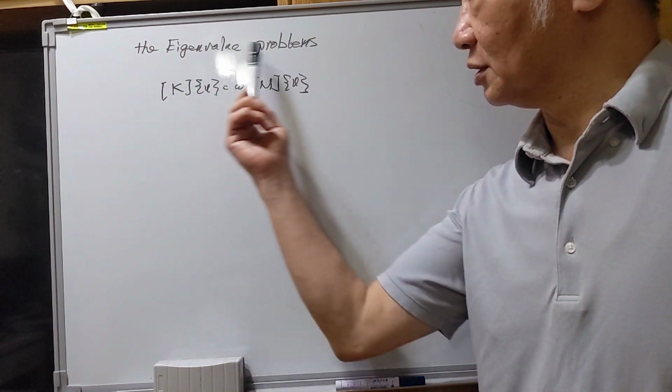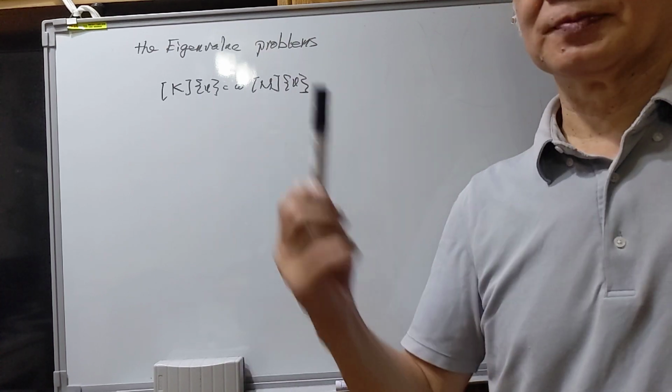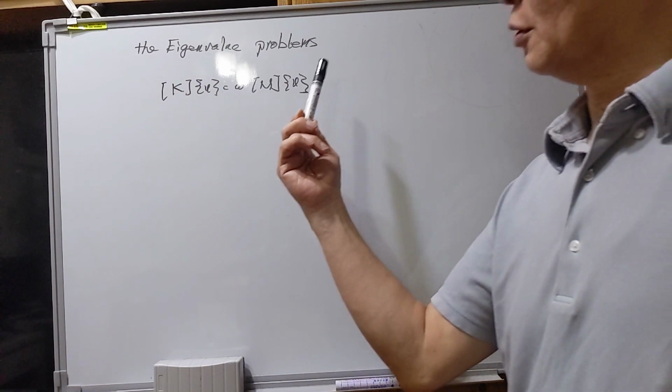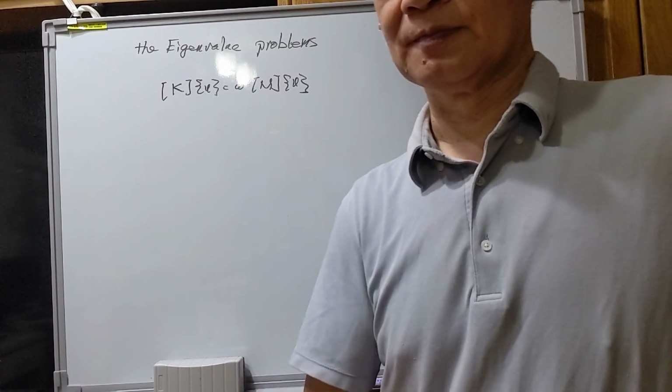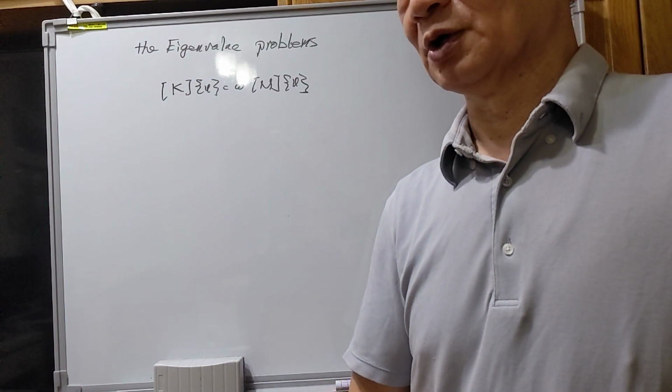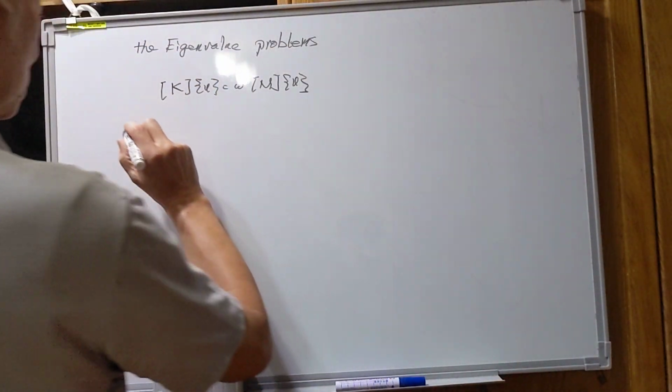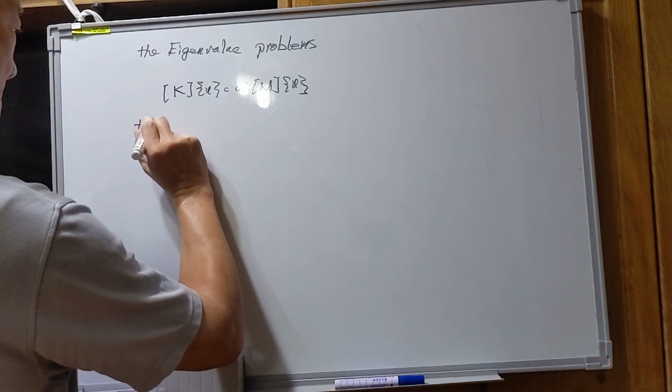So if we can solve these problems, then we can get the natural frequencies. Also, we can get the corresponding mode shapes of the structures. So these are the general eigenvalue problems.